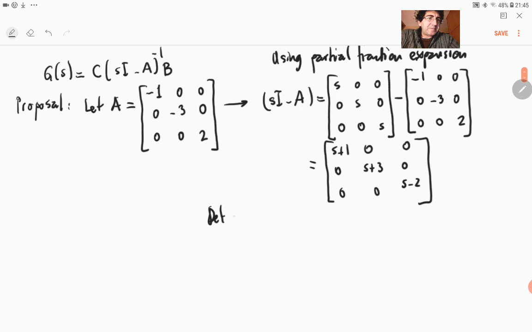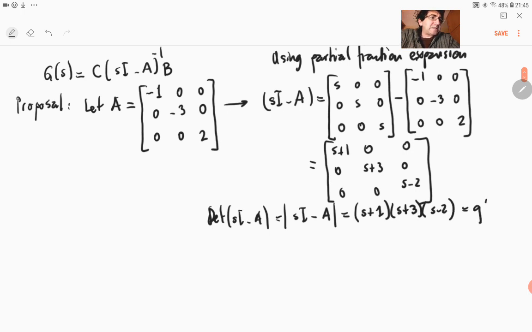The determinant of sI minus A, also illustrated as these vertical bars, for a diagonal matrix is the multiplication of the diagonal entries. So this turns out to be the product of the poles.